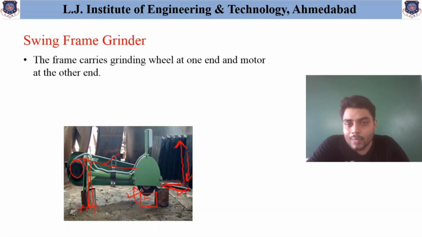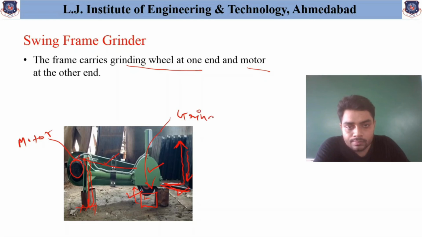So now as we have discussed, this frame carries a grinding wheel at one end that we have shown over here, and the motor at the other end which is shown over here. So this is the motor, and as we have shown over here, this is the grinding wheel.